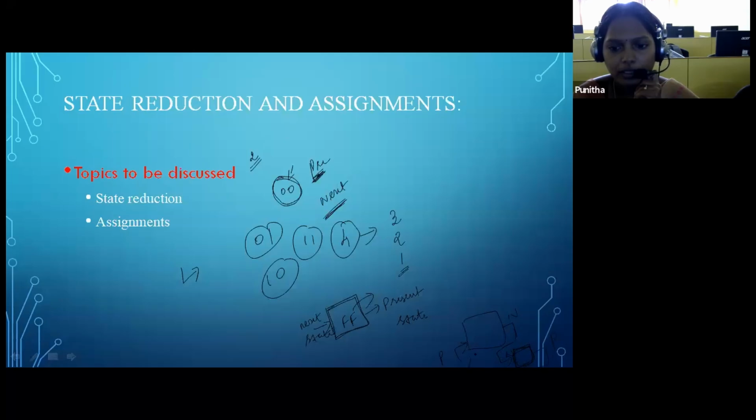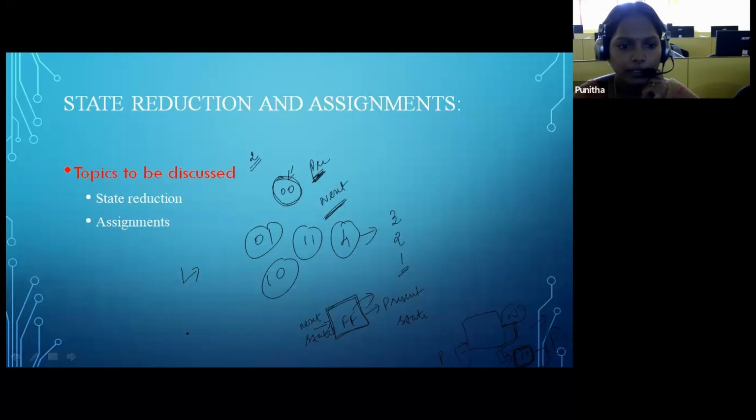In this sense, the next state and present state are the things which are processed into the flip-flop. If the number of states being processed is reduced, then the flip-flops which we have to handle in the combinational or sequential circuit will also be reduced.